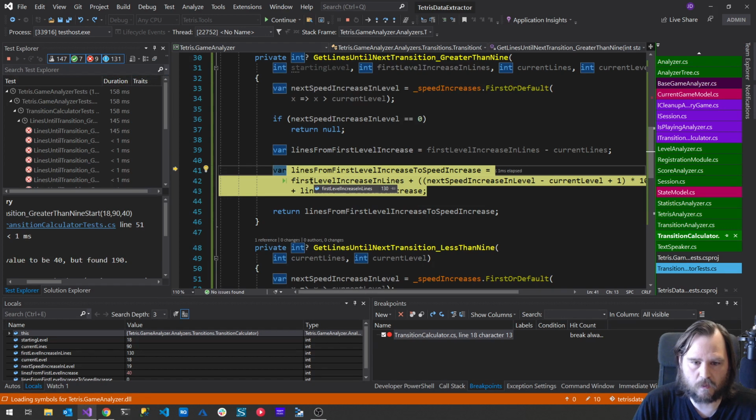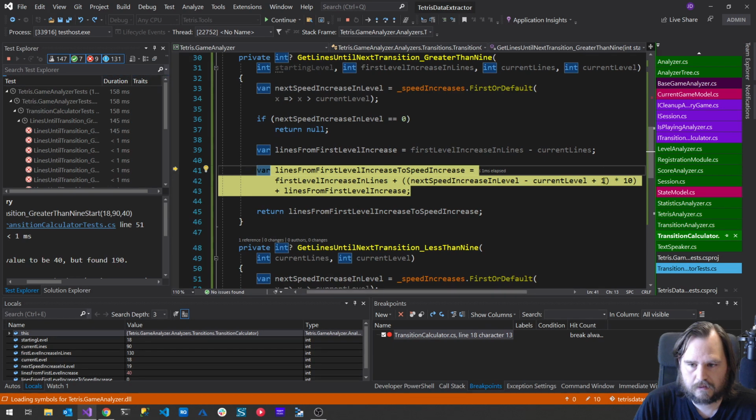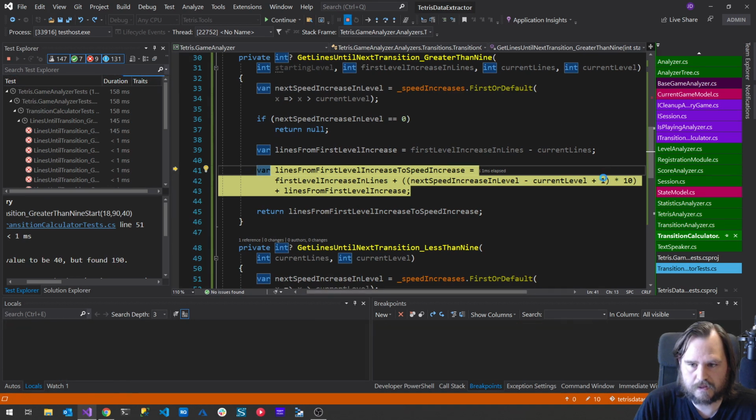You're going to take the 130. You're going to take 19 minus 18, which is 1. Well, that's true. I wonder if that should be minus 1.